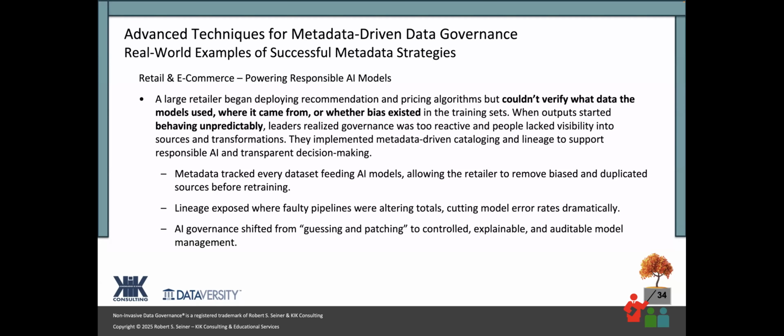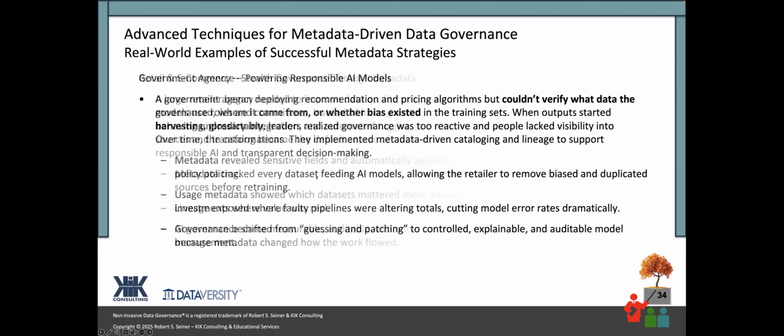So they used metadata to track every data set that fed their models. They used lineage. They shifted from guessing and patching to actually knowing where the data came from, and to really a more controlled and explainable way of providing their AI models for their organization.